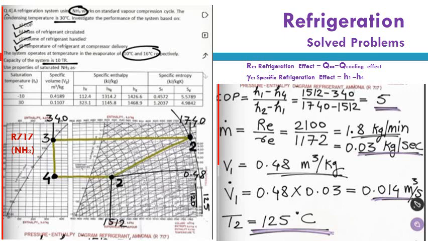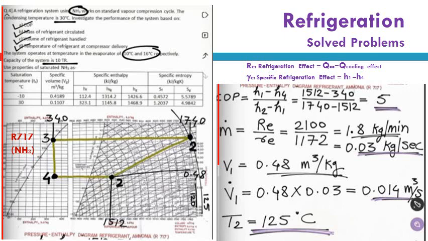Then after plotting, we have that point 1 has enthalpy 1740 in kilojoule per kilogram of ammonia, based on the attached pH diagram of R717. And finally we have from this chart that H3 equals H4 and equals 340.